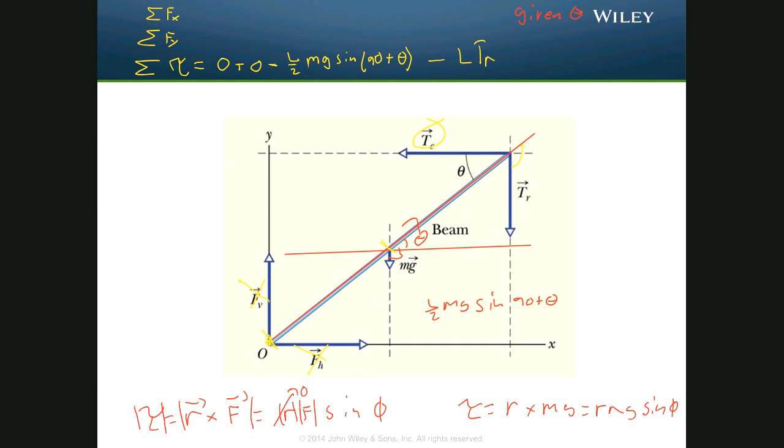And then that's also going to be sine of 90 plus theta. And again, if theta is given, all this is known and we're okay.